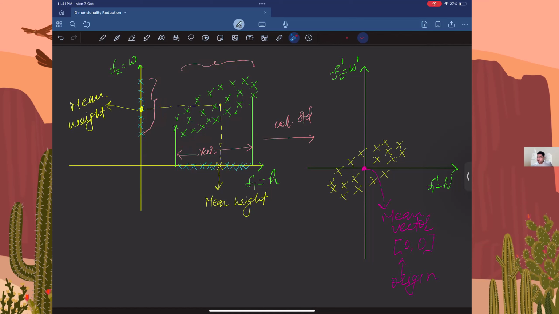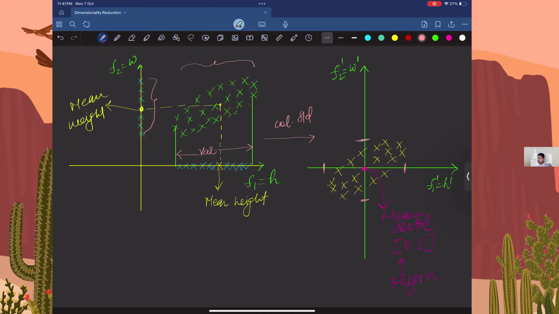Now, after doing this, these are basically my spread.